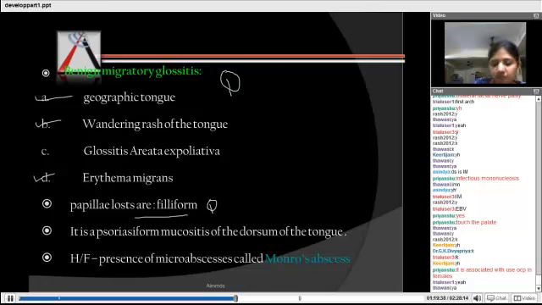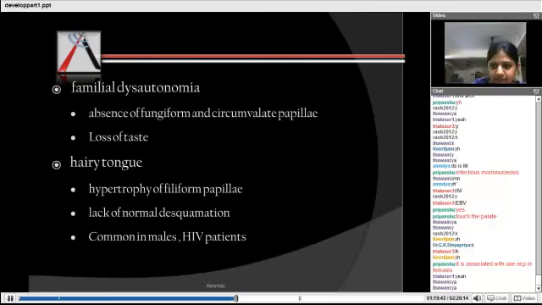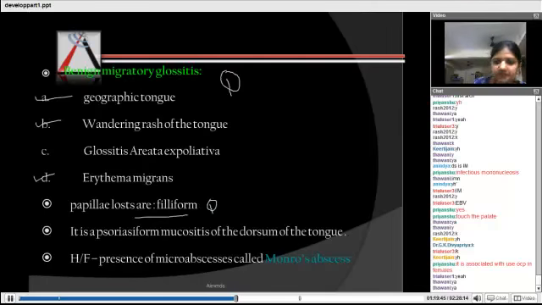And if you have a look at the lesion, I think I have a diagram for this. No, sorry, I don't have a diagram. Let's draw it.